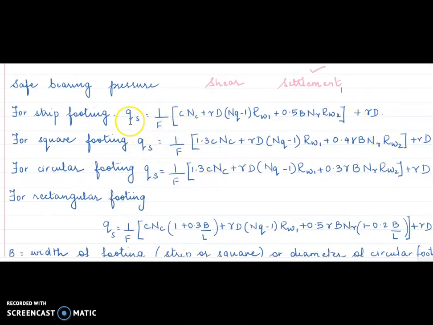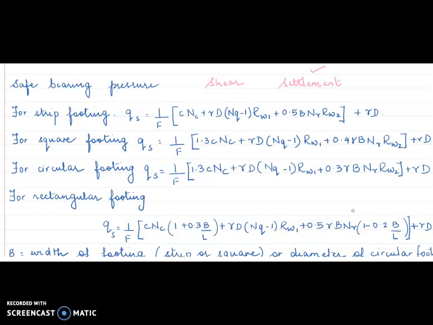Now, I will concentrate on just one particular equation and explain all these terms. Okay, so QS stands for the safe bearing capacity, and F is your factor of safety, which goes from 3. Now, mind you, we are finding out the safe bearing capacity or safe bearing pressure from settlement criteria. Let's say you get safe bearing pressure from settlement criteria as 15 tons per meter square, and from shear criteria you get it as 12 tons per meter square.